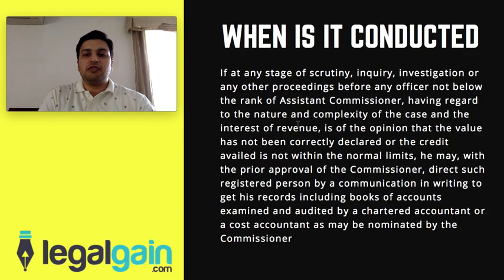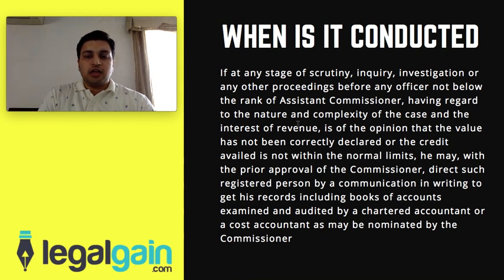At any stage, whether there is an assessment going on by the department, scrutiny, inquiry, investigation, or any proceedings, the officer not below the rank of assistant commissioner, having regard to the nature and complexity of the case, is of the opinion that the value is not correctly declared or the credit is not availed correctly or any such reason, that officer may direct such registered person by a communication in writing to get his books of accounts audited by a CA or a cost accountant nominated by the commissioner.